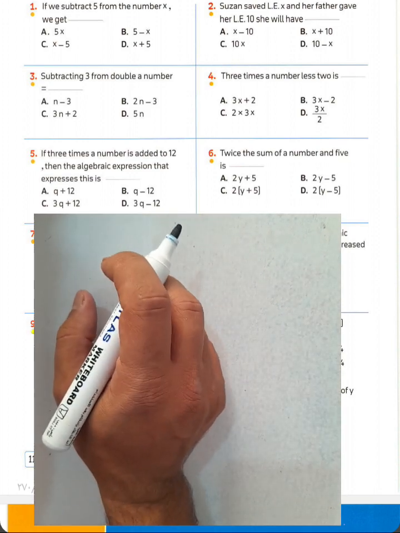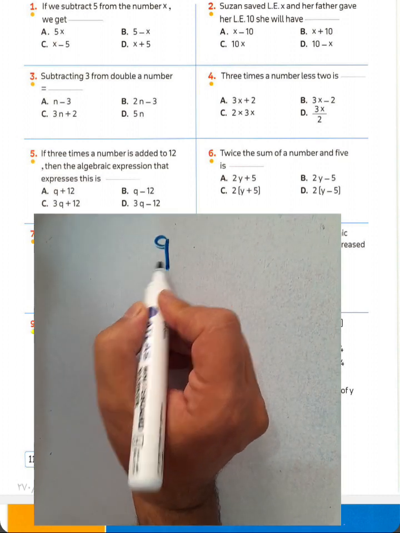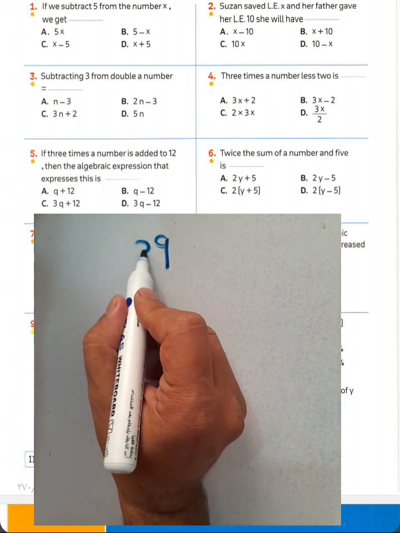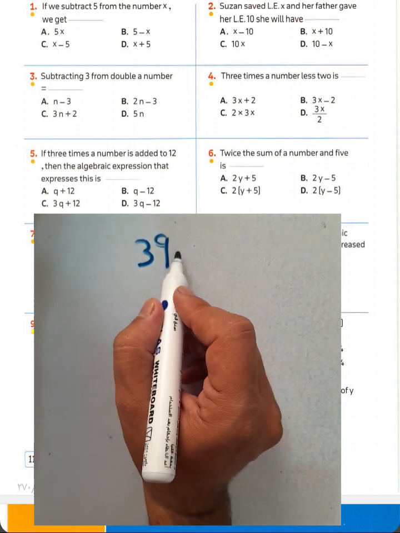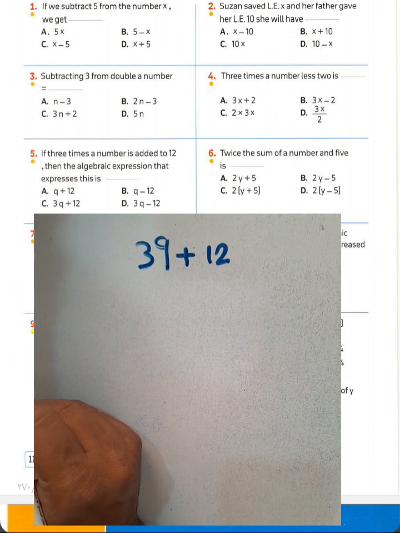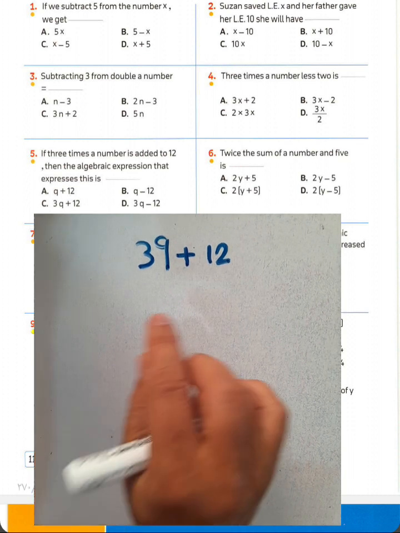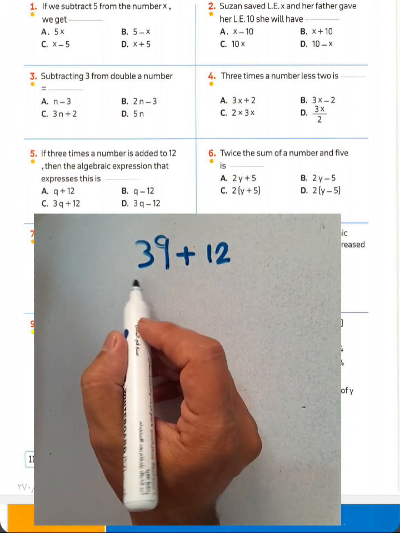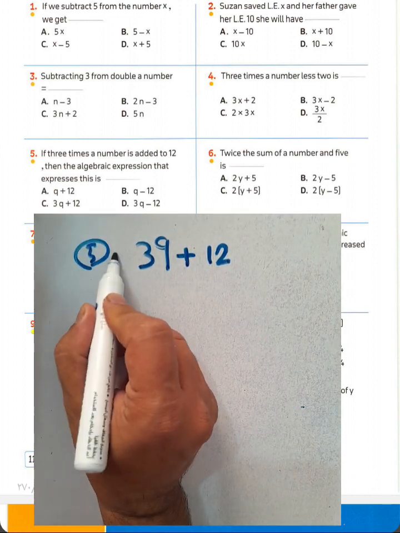If 3 times the number, this number we will write here as q. 3 times the number will be 3q, and then you must add 12. The algebraic expression is 3q plus 12. Choose letter C about question number 5.